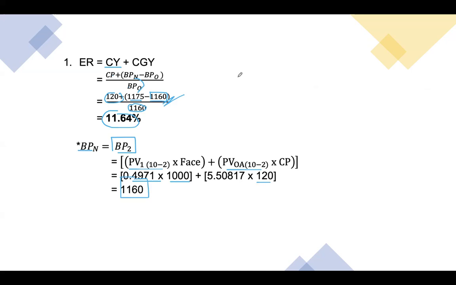That will be the new bond price if the bondholder does not intend to sell the bond until its maturity. So this ends our discussion with regard to yield to maturity, yield to call, and expected total return.